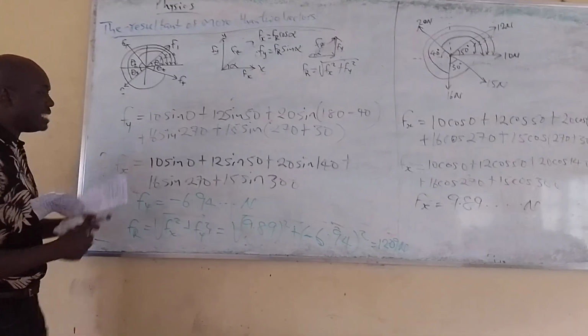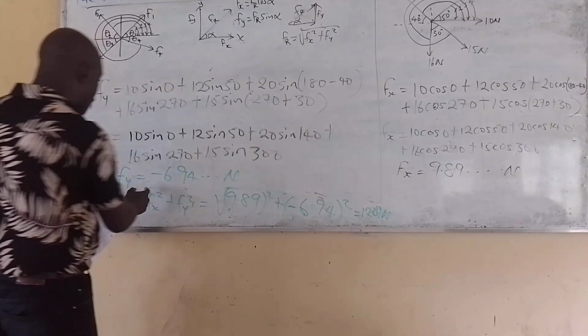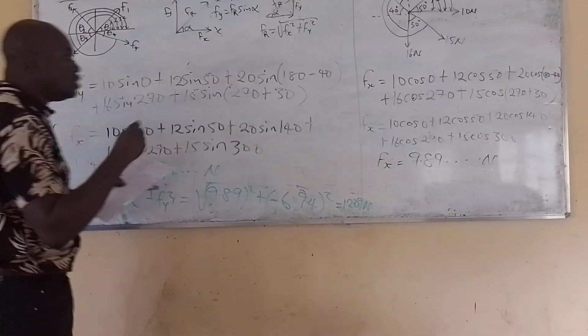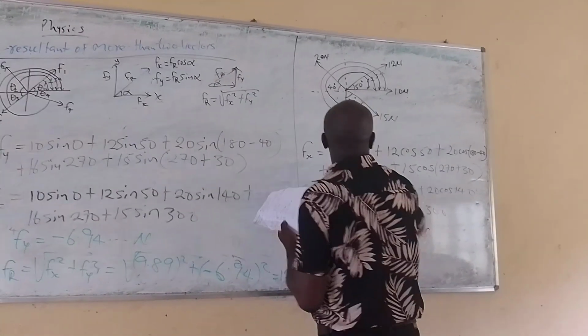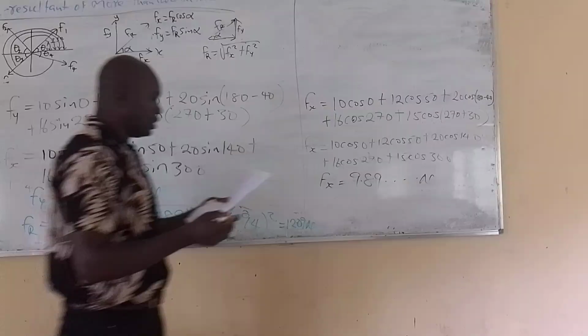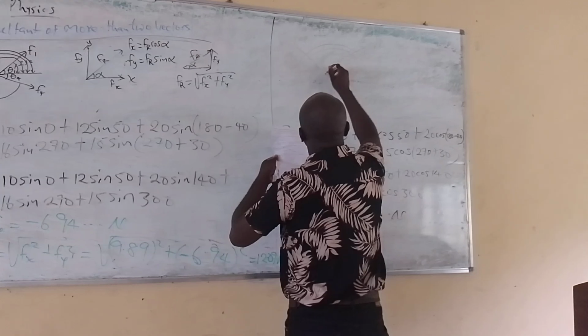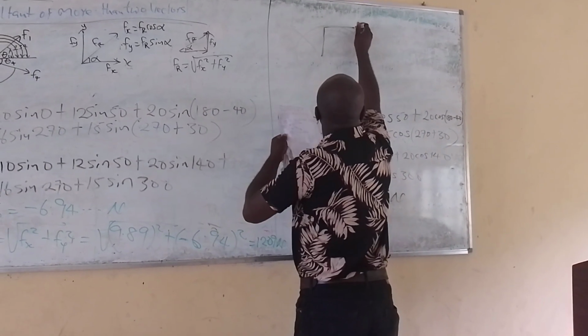But look at the drawing. If I redraw it the way it will look when I want to resolve it, it's going to be like this. Let me clean here. This thing is going to give me a thing like this.